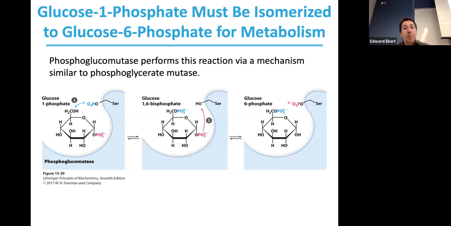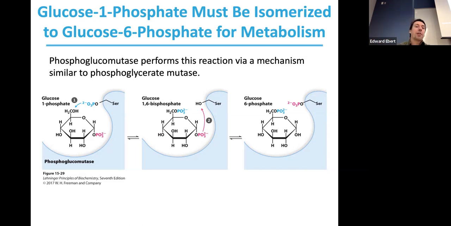And of course, we have to isomerize our glucose 1-phosphate into glucose 6-phosphate, and this happens through a mutase. I like the mechanism in here. We have a phosphorylated serine. Usually the hydroxyl group on a serine residue is a good target for phosphorylation. Phosphorylation turns it on.